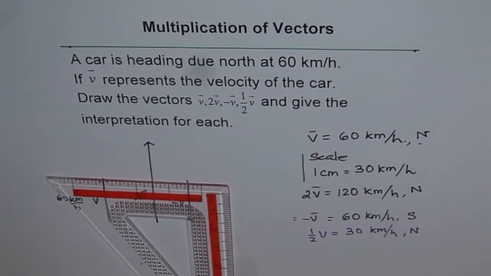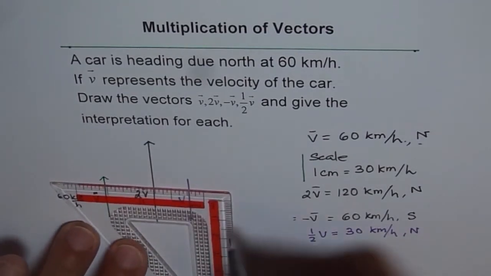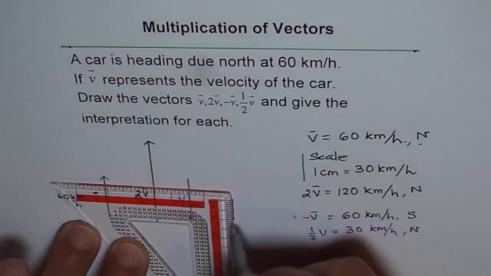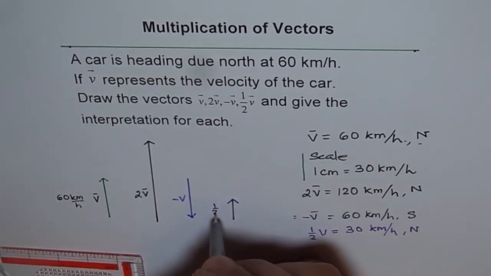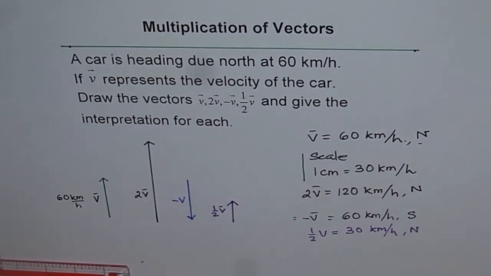So half v will look something like this. So that becomes half v for us, right? So these are the vectors which we got as a result of multiplying the given vector by a number.